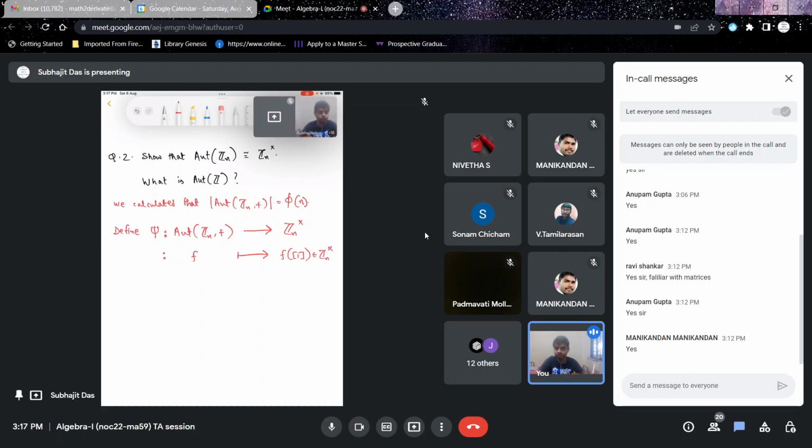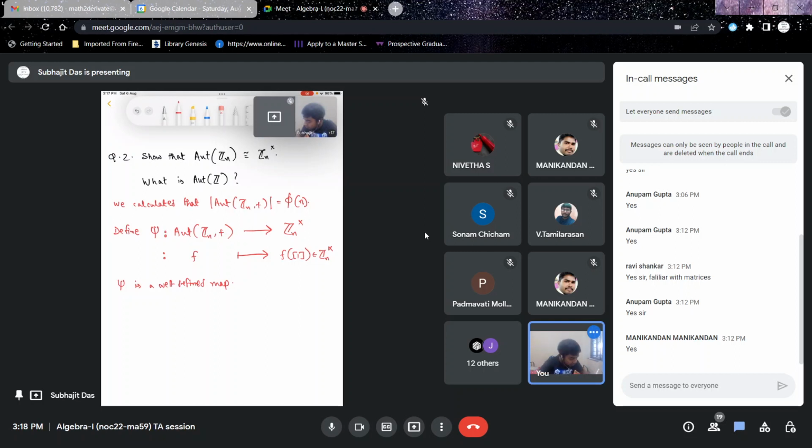Whenever f is an automorphism of Zn, the image of 1 under f is a particular class which is relatively prime to n, right? To wrap everything up into a single small statement, Psi is a well-defined map. This map Psi that we have defined is a well-defined mapping of Aut Zn into Zn star, right? I leave it to you to check that.